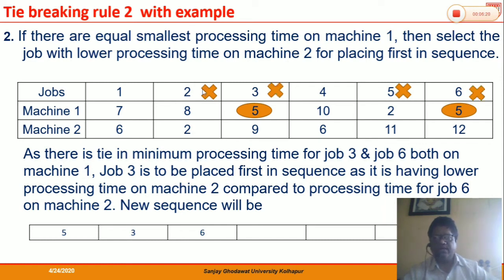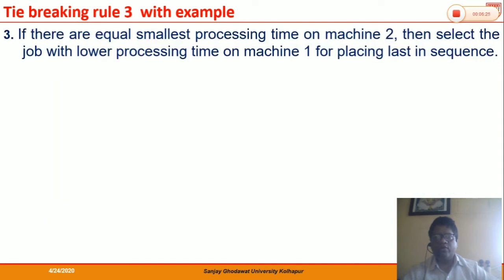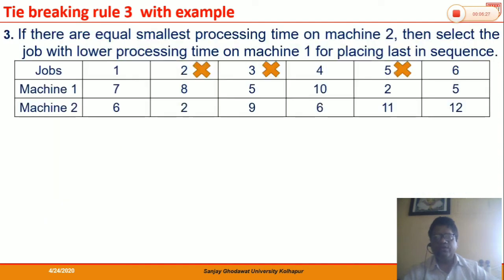For now we have done the sequencing for these 4 jobs. Now go ahead. Here what we'll find is, these 4 jobs are already done. Out of the remaining 2, job number 1 and job number 4, you will find the shortest time is for the last operation. Now again there is a tie, so which is to be kept last in sequence?